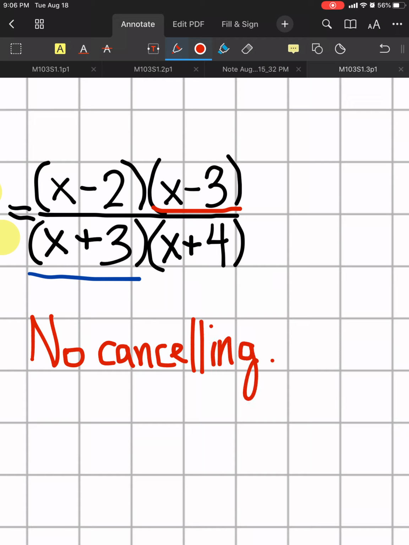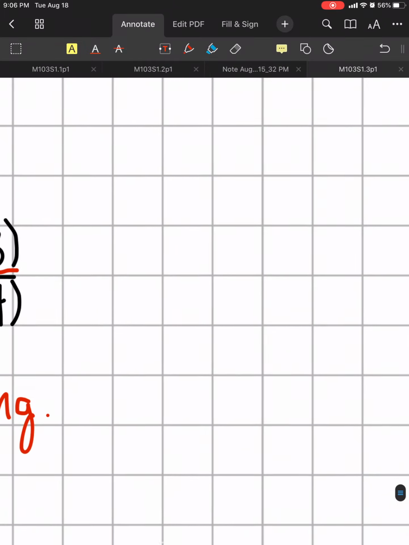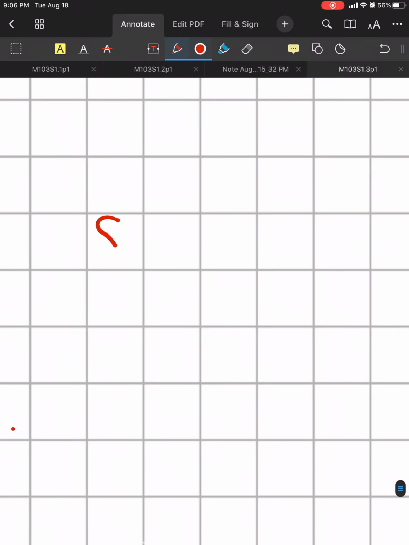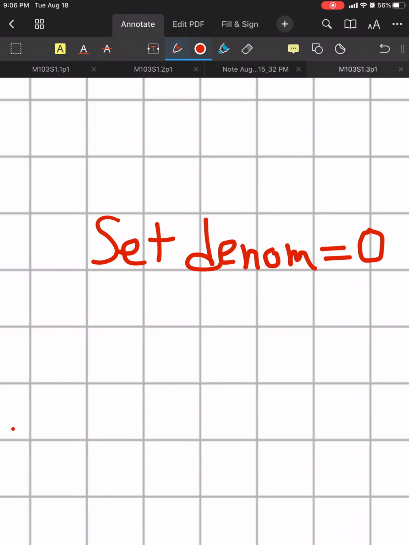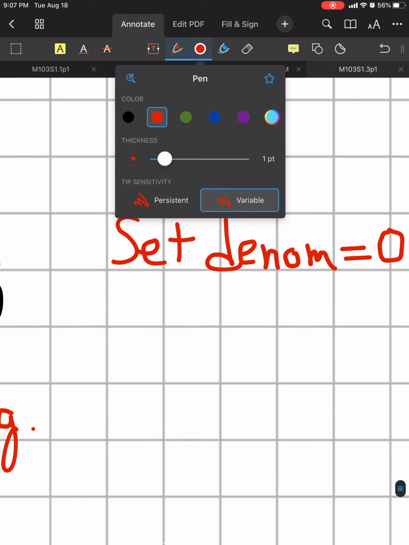And if we say no canceling, that means that we just set the bottom equal to 0. So we set the denominator equal to 0. And if we do that, it's x plus 3 times x plus 4.